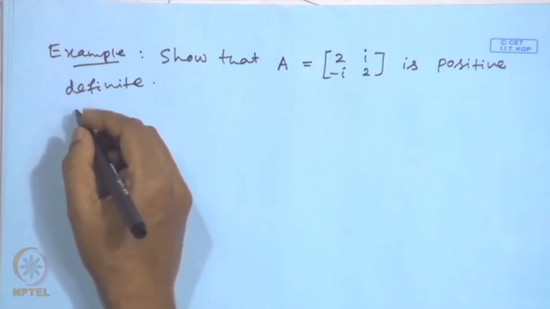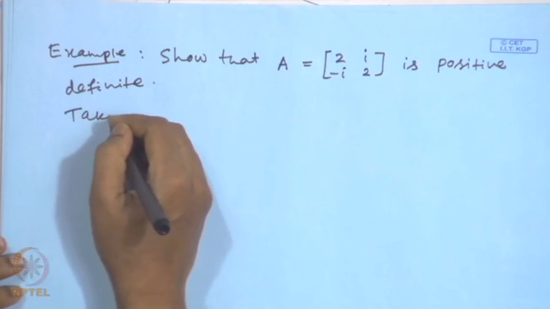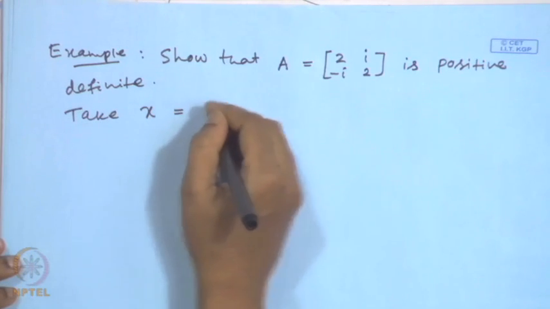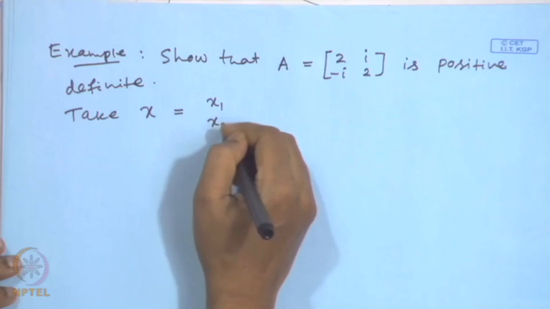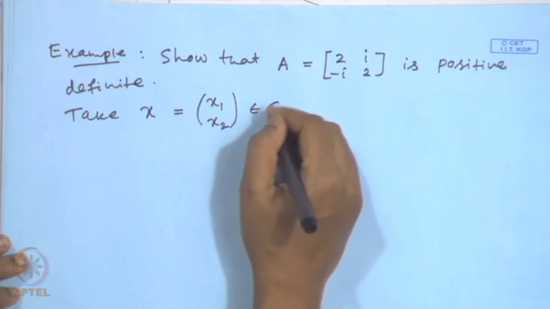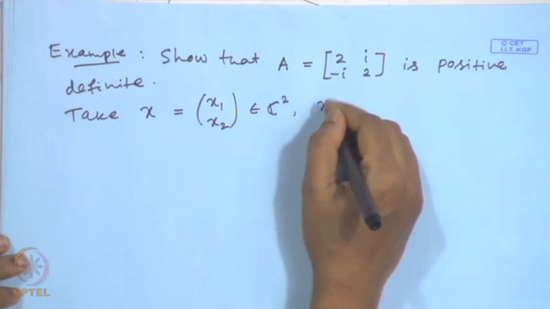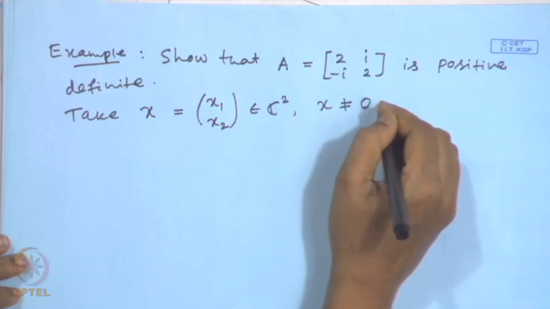So, let us consider the vector x as x1, x2, which of course is in C2 and x is not equal to the 0 vector.